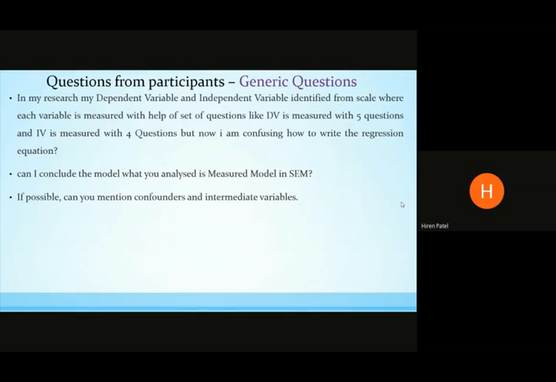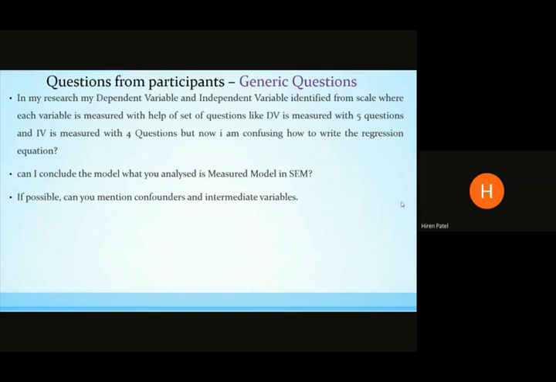The generic questions include: sir, in my research, my dependent variable and independent variable are identified from a scale where each variable is measured with the help of a set of questions, like DV is measured with 5 questions, IV is measured with 4 questions, but now I'm confused how to write the regression equation.